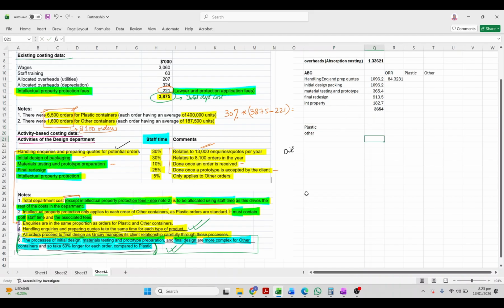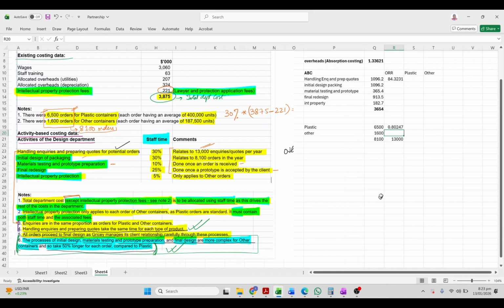Plastic orders are 6,500, other orders are 1,600. So total orders are 6,500 plus 1,600, it's 8,100. Total number of inquiries are 13,000. So total inquiries for plastic will be 6,500 divided by 8,100, approximately 80% of orders related to plastic.